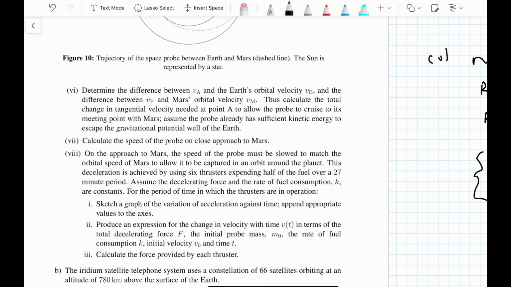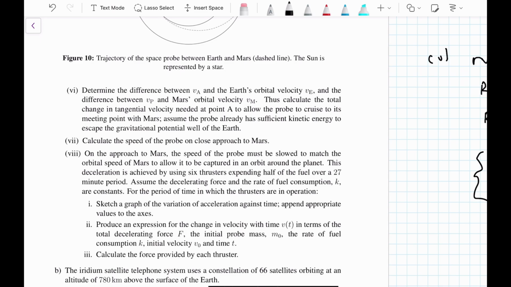And then this deceleration is achieved by using six thrusters expending half of the foil over a 27-minute period, assuming the decelerating force and the rate of foil consumption K are constants, okay? For the period of time in which the thrusters are in operation.